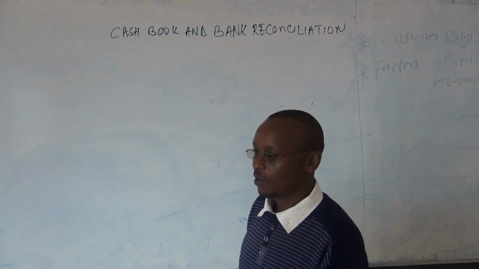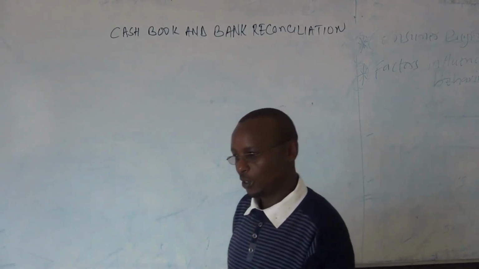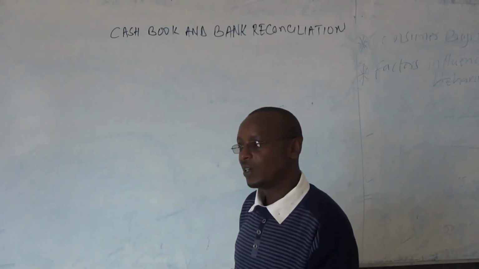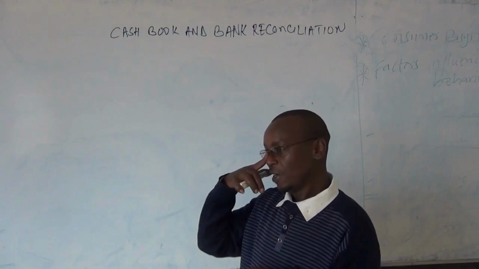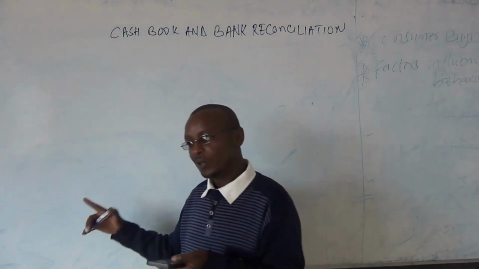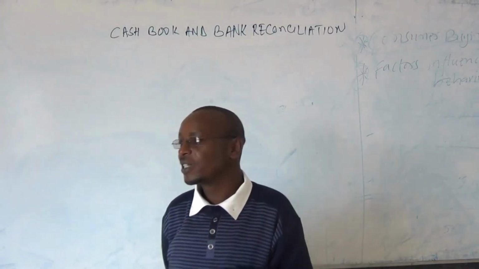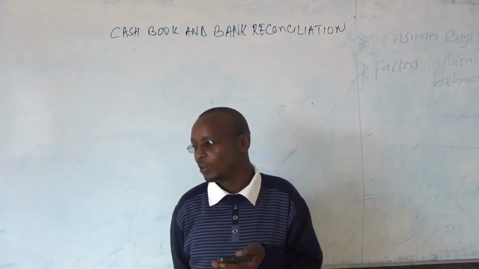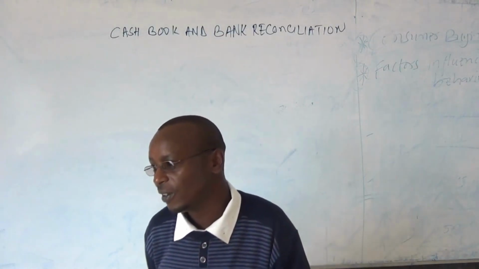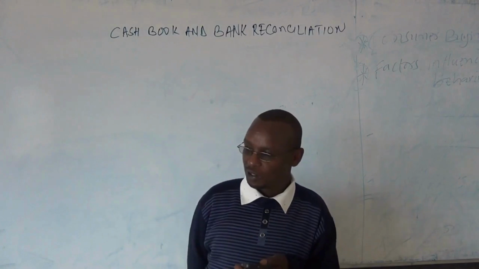Very physical. But now, when it comes to the bank account, we operate it in our office, and also the bank will maintain your account as their customer. So they have your record as their customer. If you deposit a check today, you record it in your cash book.